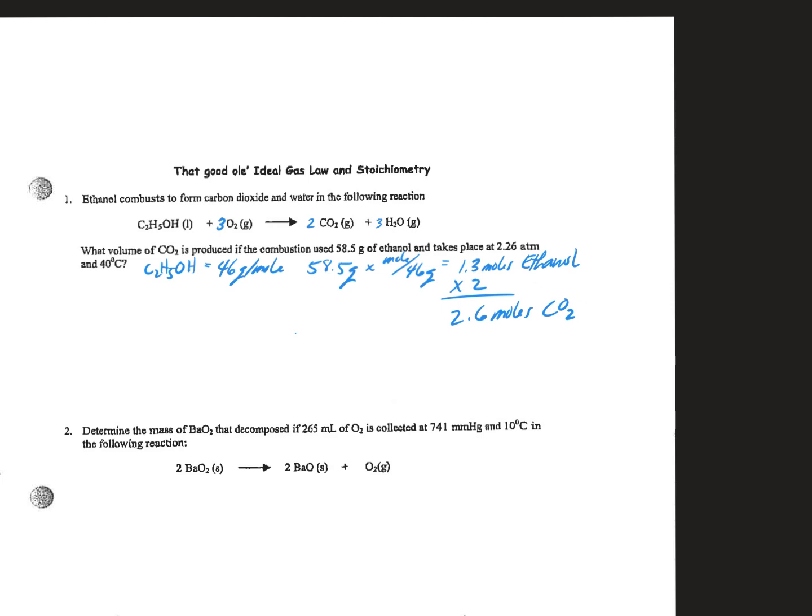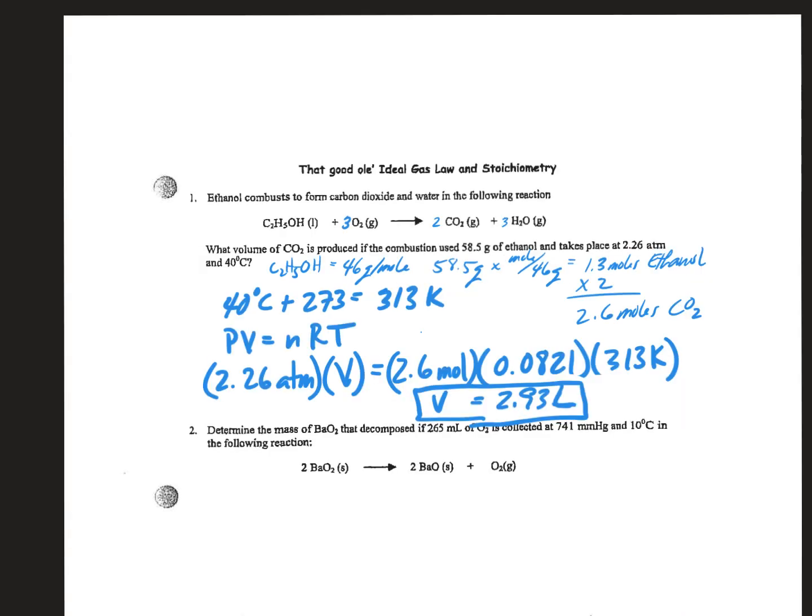All right, so we're going to make 2.6 moles of CO2. All right, now the question is how many liters of CO2 is that going to be? And we are at 2.26 atmospheres and 40 degrees Celsius. All right, so of course we need to convert Celsius to Kelvin, so we did that.